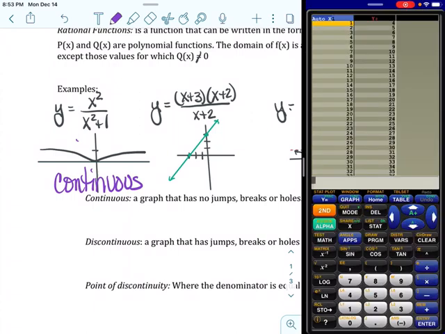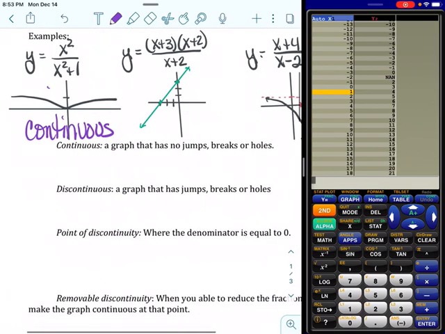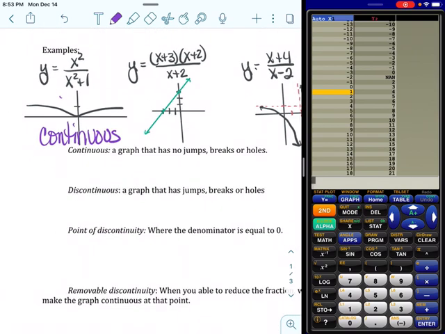Let's look at the table. If I'm looking at the table, right here at -2, it says NaN. And that's a problem, because if I put -2 into the problem, I'm going to get undefined. Even though this graph looks like it's continuous, it actually is discontinuous because it has what is called a hole.